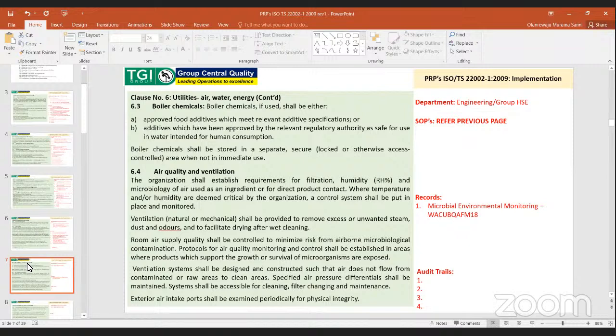It means whatever material we are using to generate steam must be food grade, that is, suitable for human consumption. Even if by mistake it touches food or anything, it should not be a hazard to the process line. Then air quality and ventilation, I've said it, you have air monitoring reports.